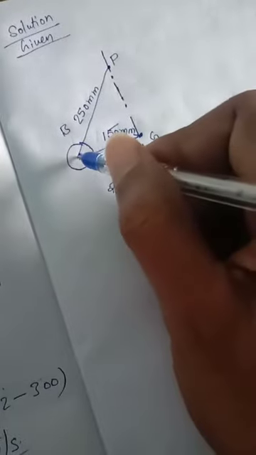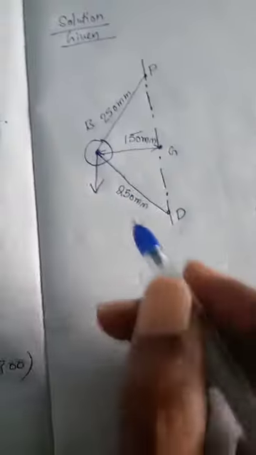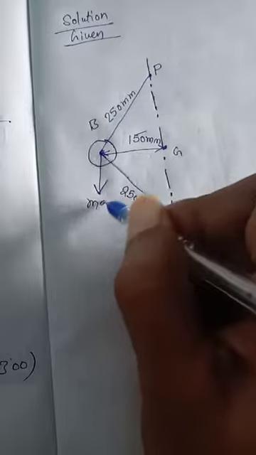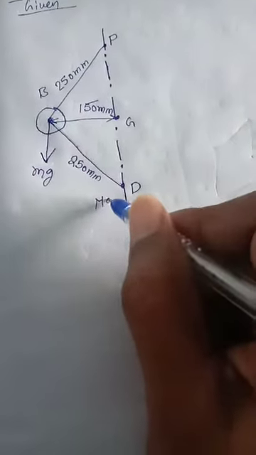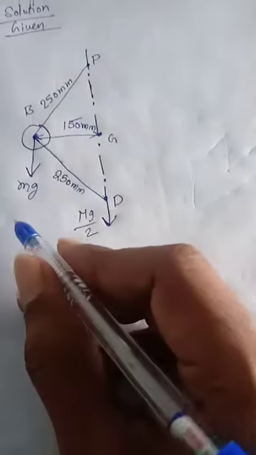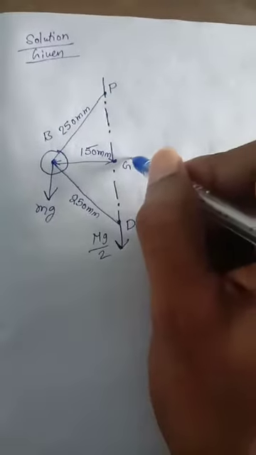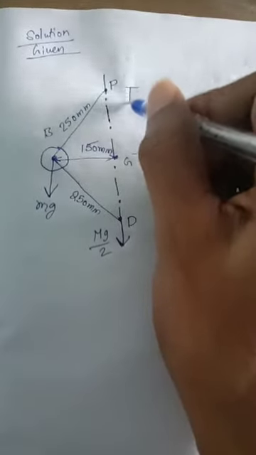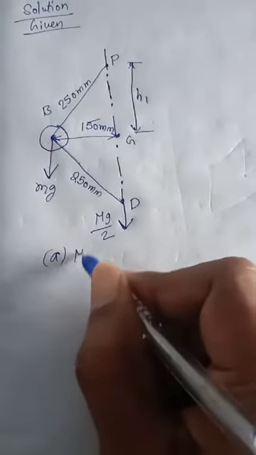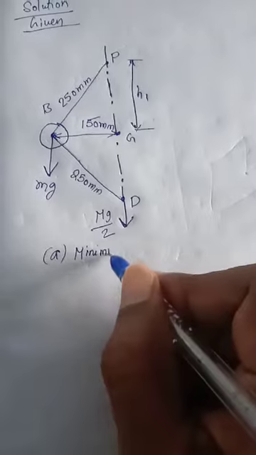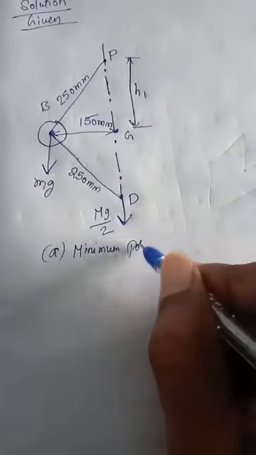Then this is the vertical force m into g. This is the sleeve force acting, capital M into g by 2. And the height from G to P is called h1. So this is the minimum position.